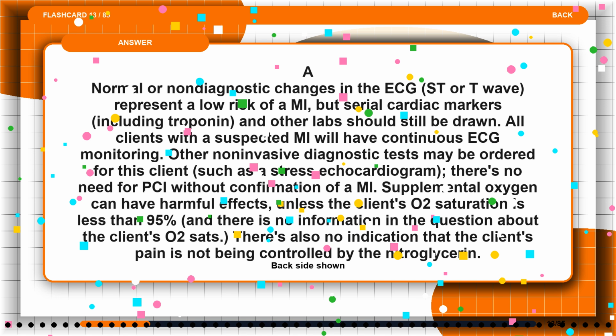There's no need for PCI without confirmation of a MI. Supplemental oxygen can have harmful effects unless the client's O2 saturation is less than 95%, and there is no information in the question about the client's O2 sats. There's also no indication that the client's pain is not being controlled by the nitroglycerin.